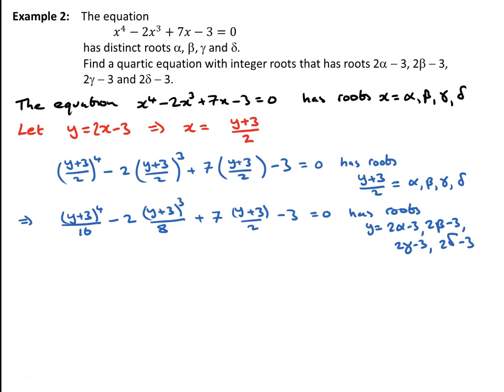It's a good idea at this stage to multiply the equation through by 16 to get rid of all of the fractions, which gives me the equation now becomes y plus 3 to the power 4, take away 4 lots of y plus 3 cubed, add 56 lots of y plus 3, take away 48 equals 0.